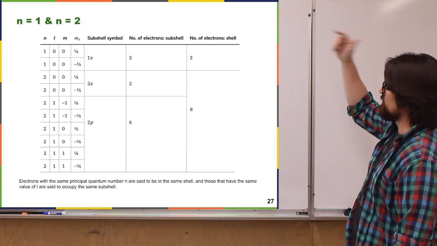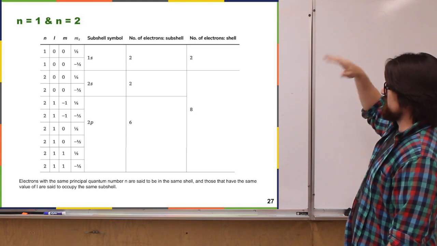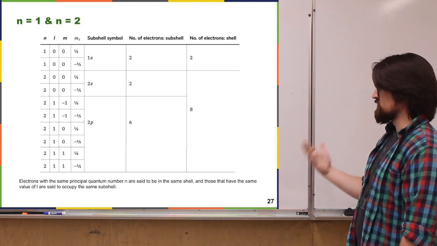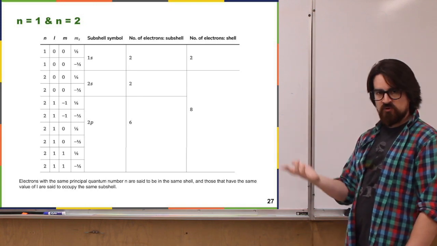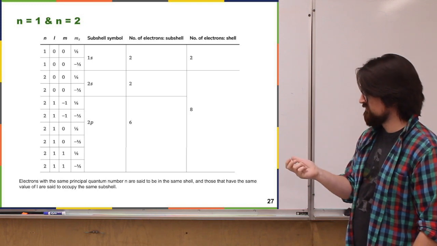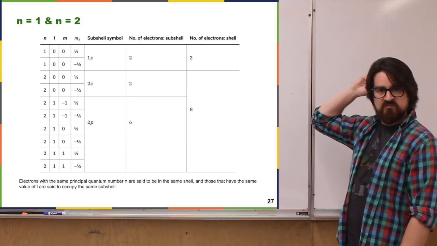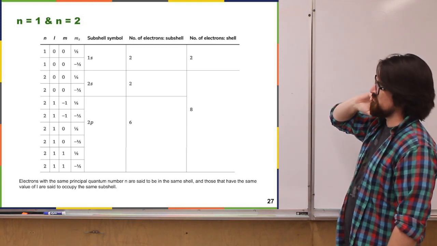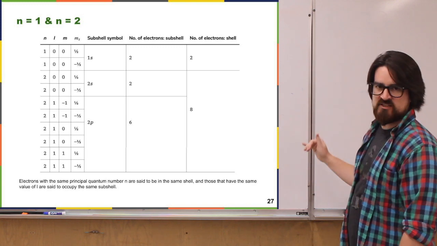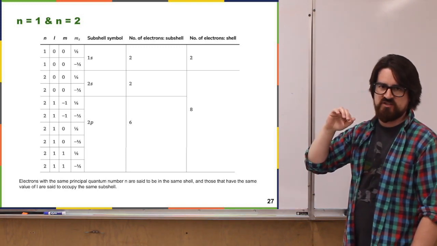And then we're saying how many electrons are allowed in a subshell and then a shell. More terminology here. Electrons with the same principal quantum number, the same n, are all considered to be in the same shell, and electrons with the same angular momentum quantum number, the same L value, are considered to be in the same subshell. So if you start enumerating some of these, you start to see how many electrons fit in these different energy states.